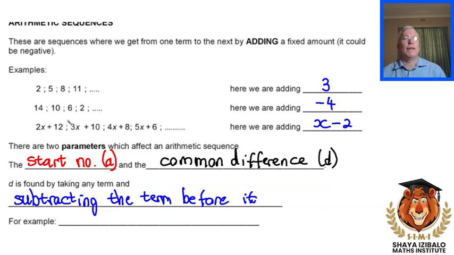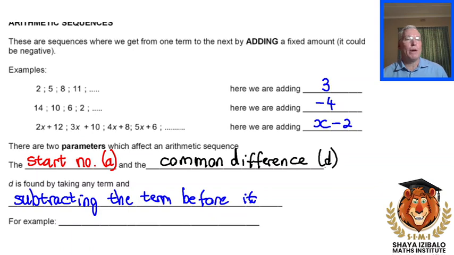So for example, over here, 8 minus 5, that would be our common difference. 11 minus 8, that would be our common difference. In this case, it's 3. The common difference in this one is 6 subtract 10, or 2 subtract 6, it's negative 4. And in the last one, if we subtract 2x plus 12 from 3x plus 10, we get x minus 2.